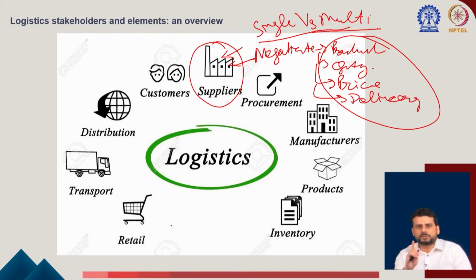Let us say something goes wrong with that supplier. It is not only some disaster, natural or man-made; sometimes the equipment is not working, sometimes there is a strike, sometimes different issues can be there, and if we are relying on a single supplier, then there will be a problem, right. Our raw material supply will be interrupted.